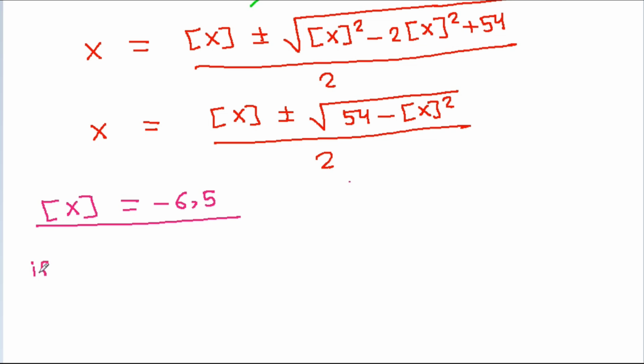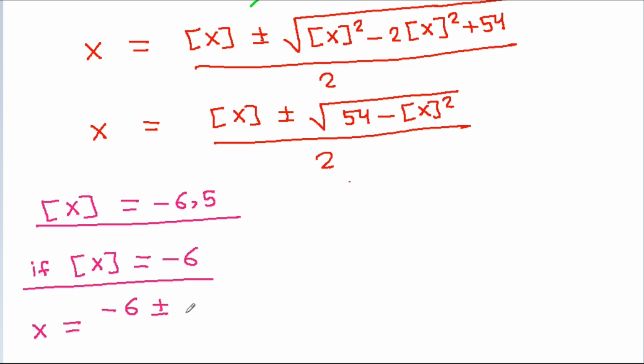So if [x] is minus 6, then x will be equal to minus 6 plus or minus square root of 54 minus 36, by 2.